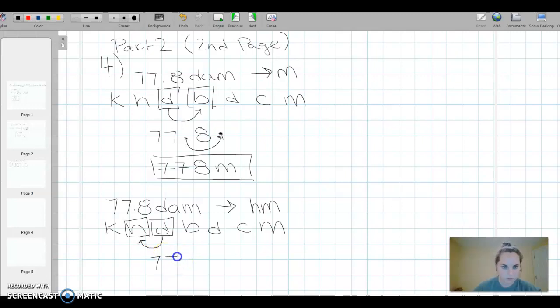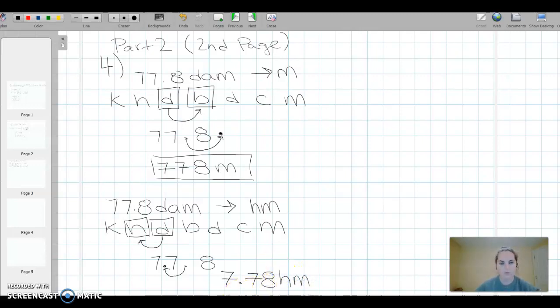So we rewrite our number that we are originally given, and we move that decimal place to where it needs to be for our conversion. So our new number is 7.78 hectometers.